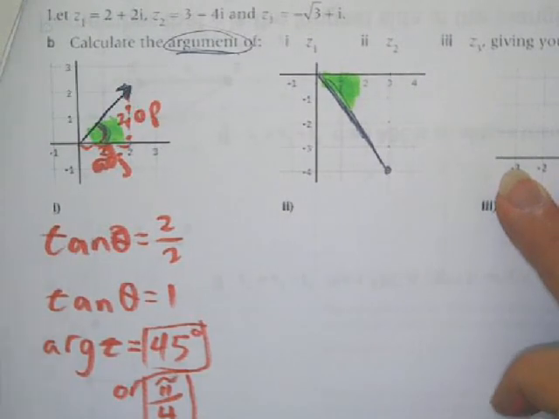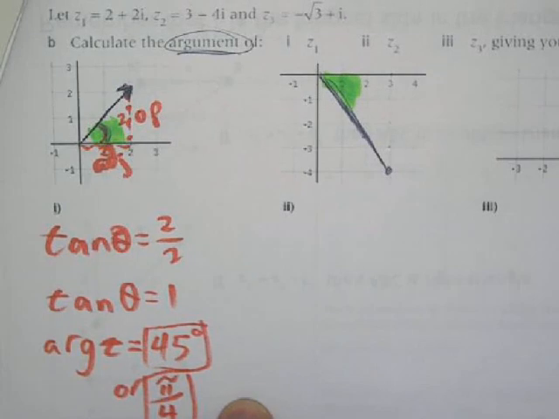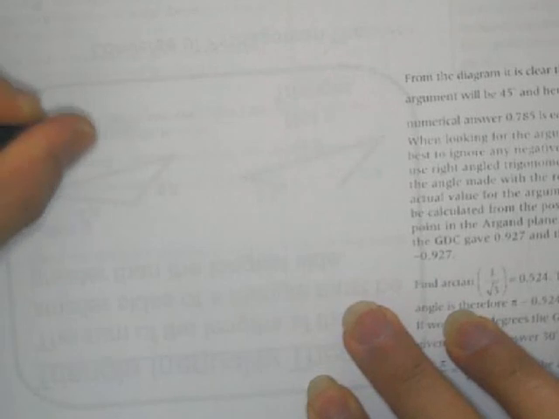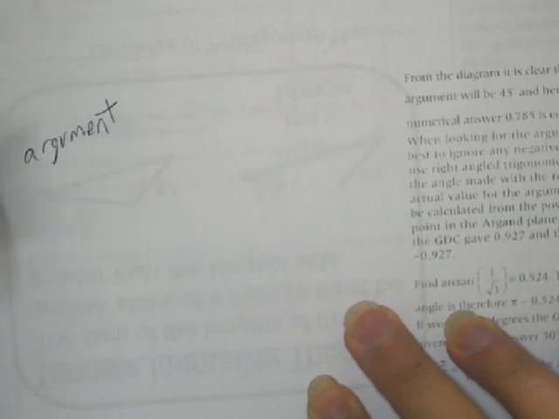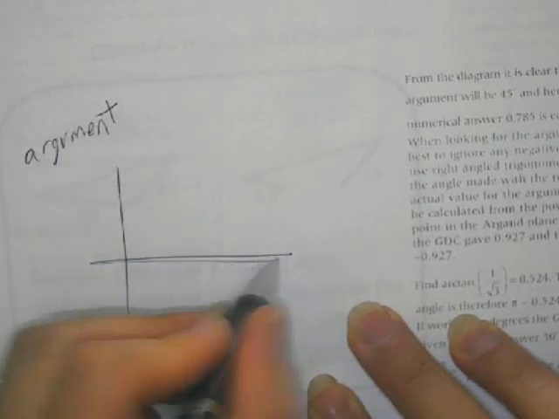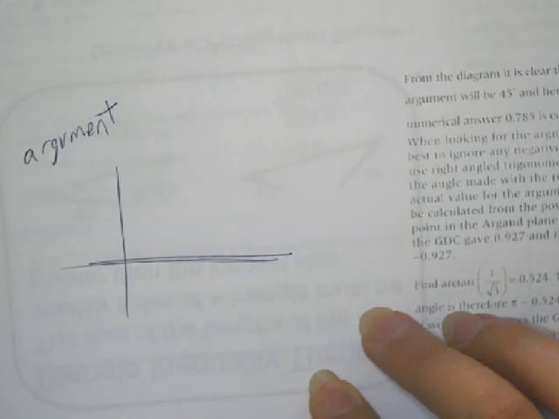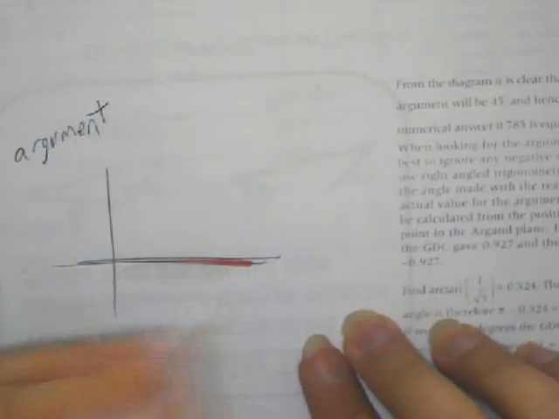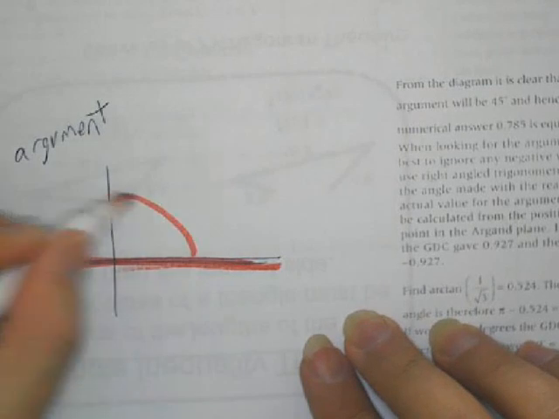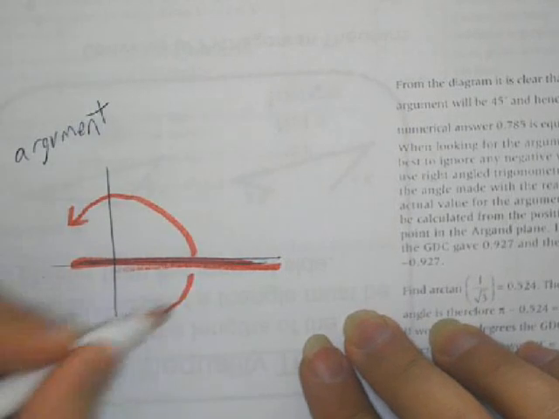We're finding the angle. So notice this angle is going down, right? What we mentioned on the earlier page, I'll just write it down here. The argument is between the x-axis and going either this direction or this direction.